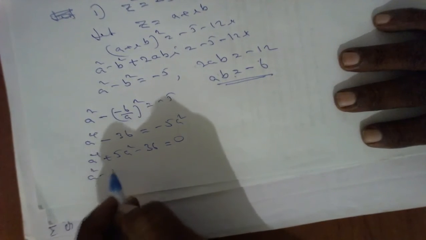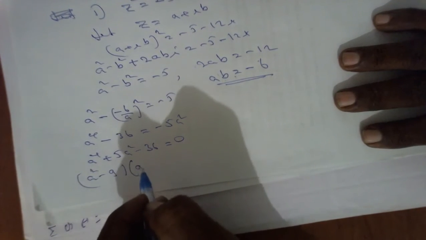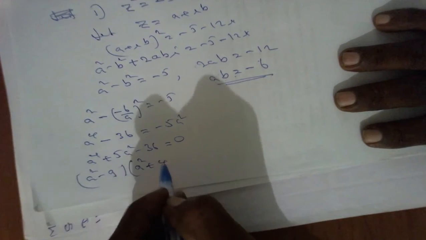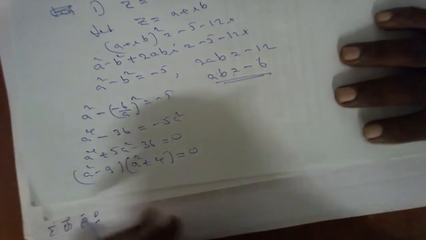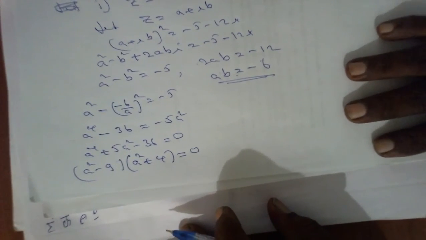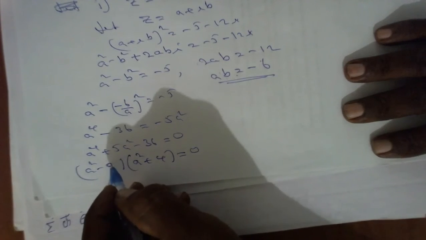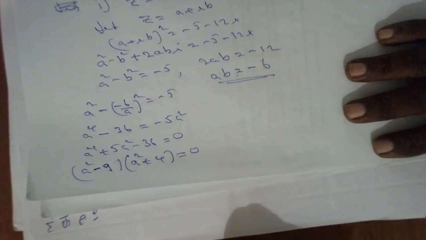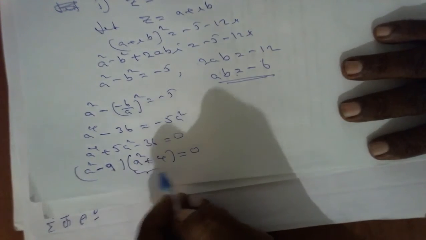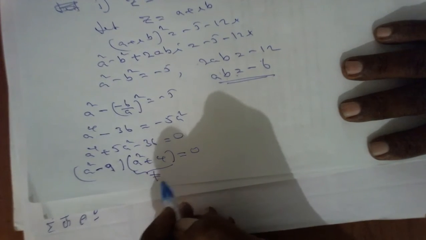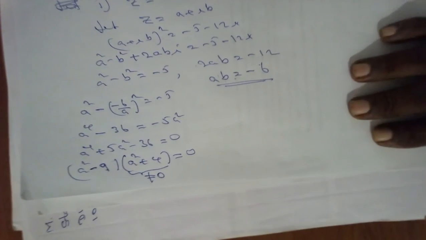So (a squared minus 9)(a squared plus 4) equals 0. One important thing, a and b are real numbers. Then this part cannot be 0. A squared cannot be -4.